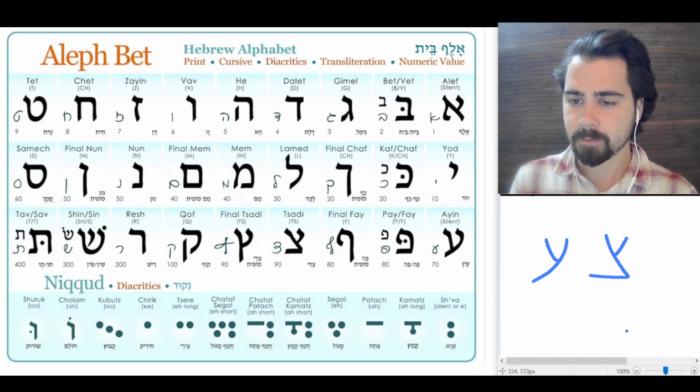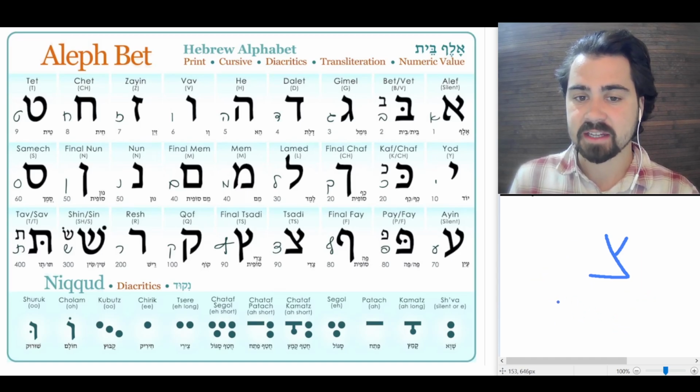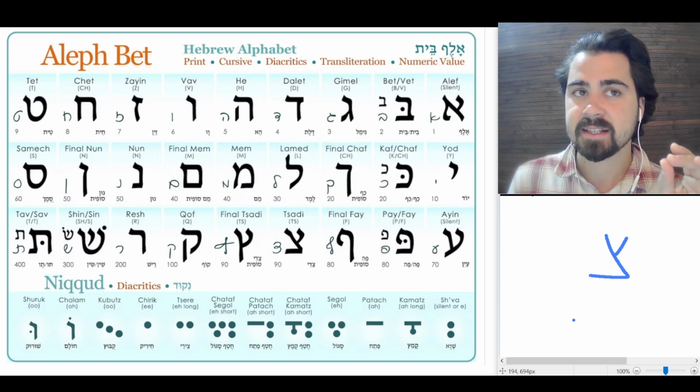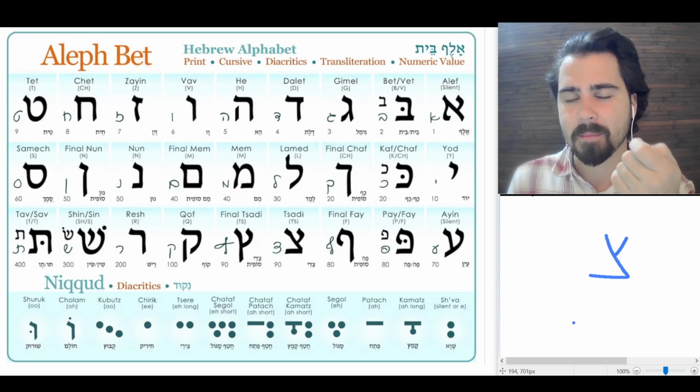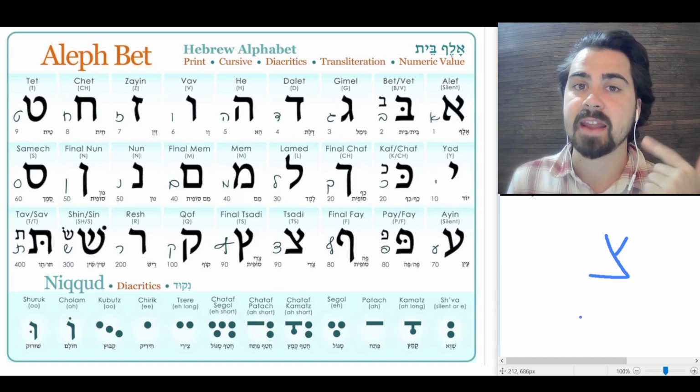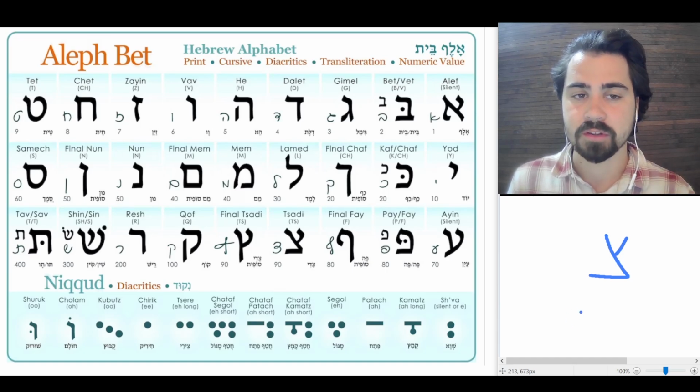Okay. So letter tzadik. This letter doesn't exist in English, but you can make this sound. Ts, ts, ts. It sounds like somebody is lighting a match or a lighter. If you're a musician, this is like the snare sound, the drum snare.